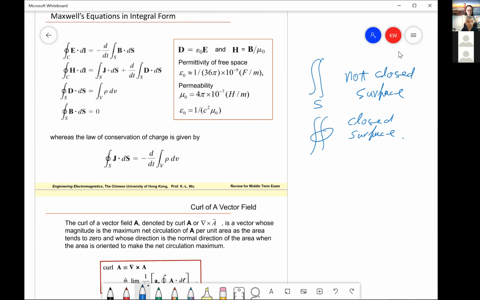I also posted an interesting article that tells you how the permittivity and the permeability are determined, which associate the electrical field flux density with the electrical field intensity, and the magnetic field flux density with the magnetic field intensity. Why is it called flux density?